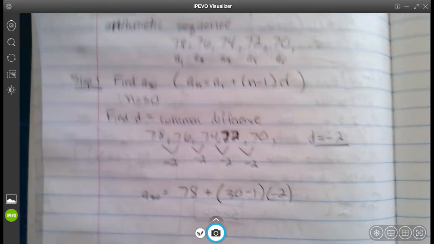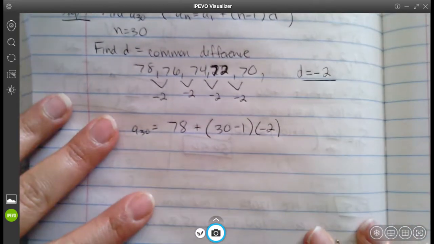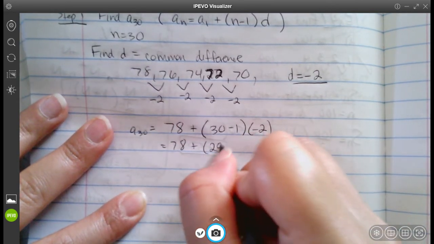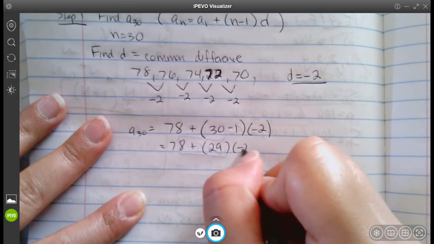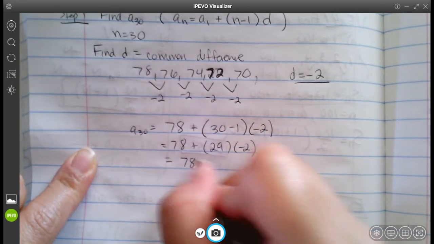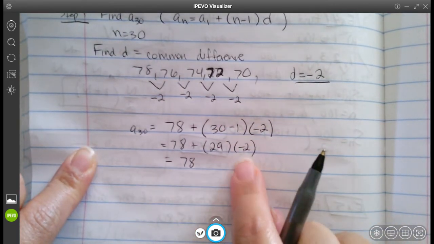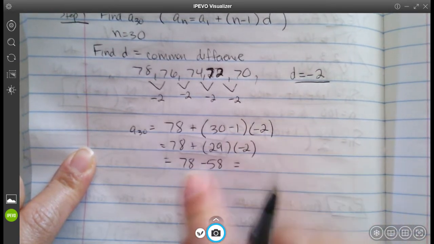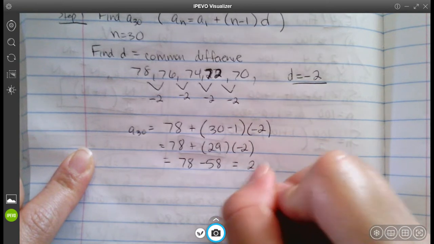We work this out. Let me move this up a little bit. So I have 78 plus 29 times negative 2, which would be 78. 29 times negative 2 is negative 58, so minus 58 equals 20.